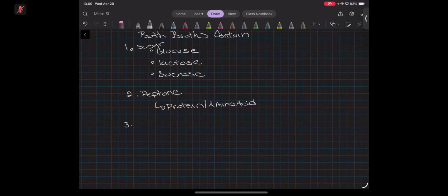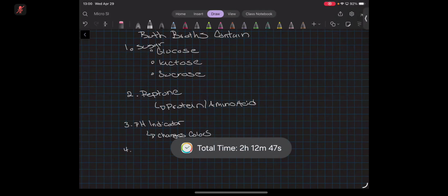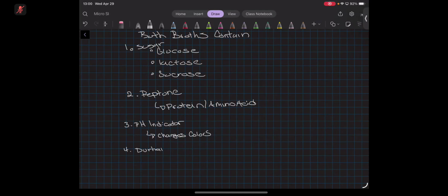It also has a pH indicator, which is the one that changes colors. And they also contain, this is your key point when determining if it's a lactose or glucose tube and not something else, so please pay attention. The broths will only contain a Durham tube. Nothing else will have a Durham tube in there.